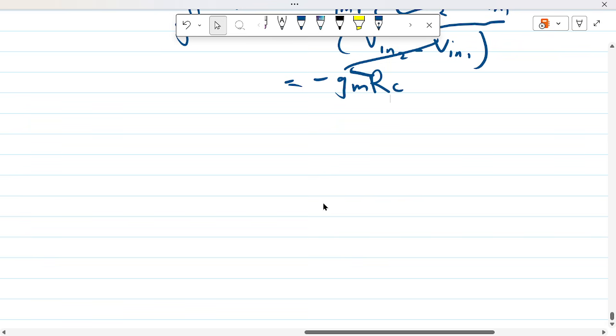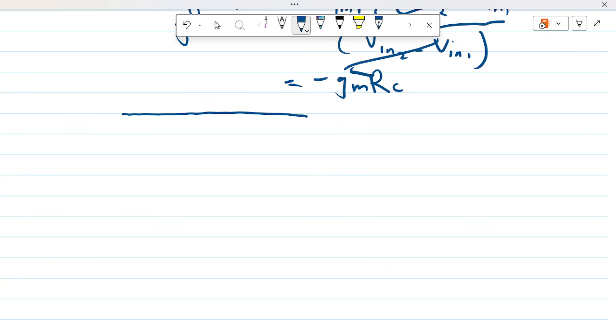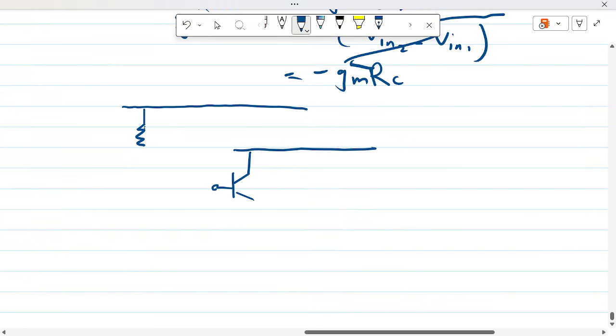You can also be given the cascade. So just as we have cascade amplifiers, we can also have a cascade differential amplifier, which will look like this. Okay, before we look at the cascade differential amplifier, we can try and find the gain of this circuit here.